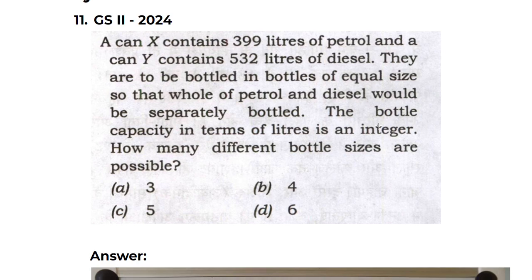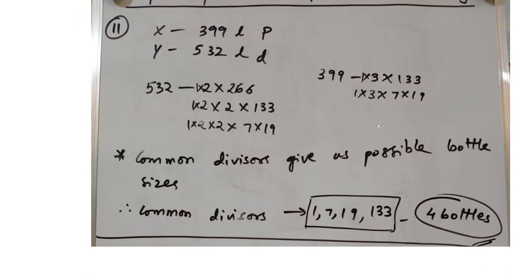How will we do that? They have given 399 liters of petrol in X, right? So for 399, just write down the factors of the number. It is 1 into 3 into 133, and 133 you can again write as 7 into 19. Am I right? Just factorize the number.